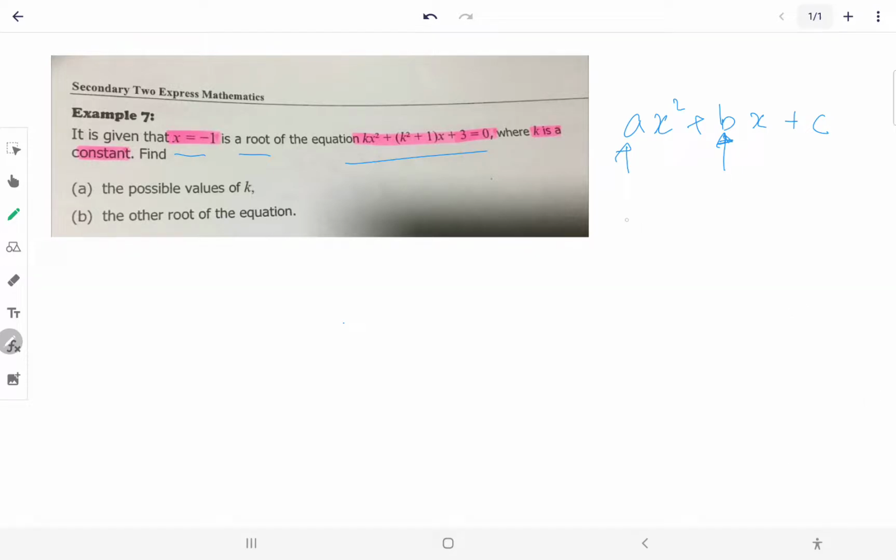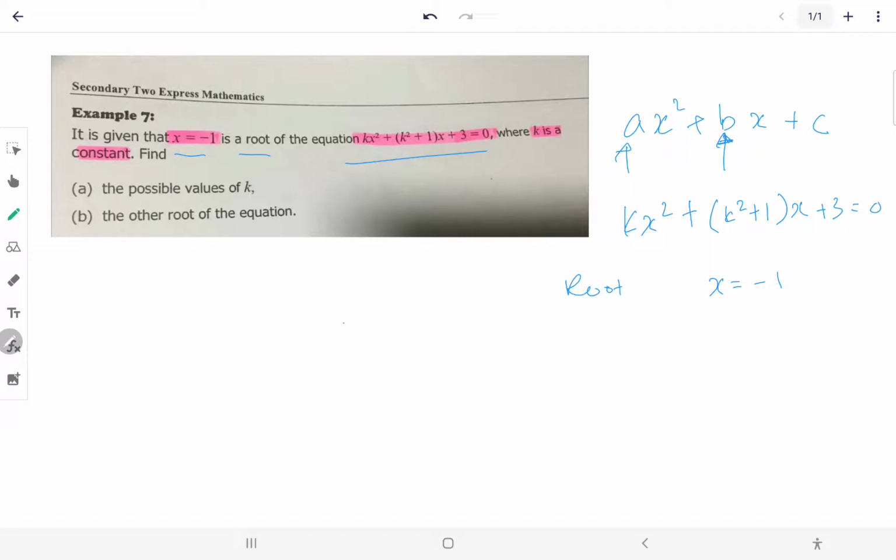So they already tell you this is kx squared plus (k squared plus 1)x plus 3 equals 0. Then they tell you one of the roots is x equals minus 1. So we work backwards.